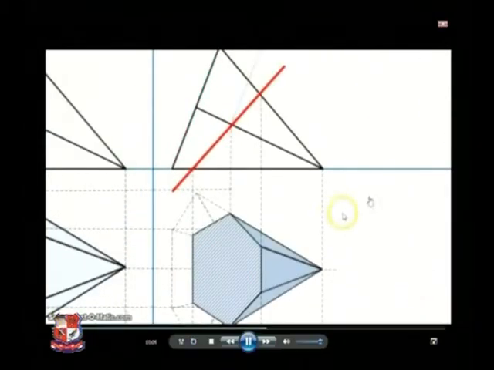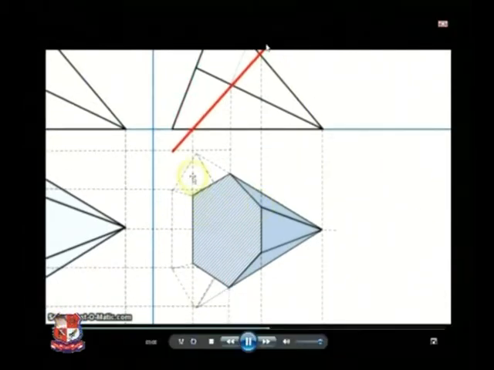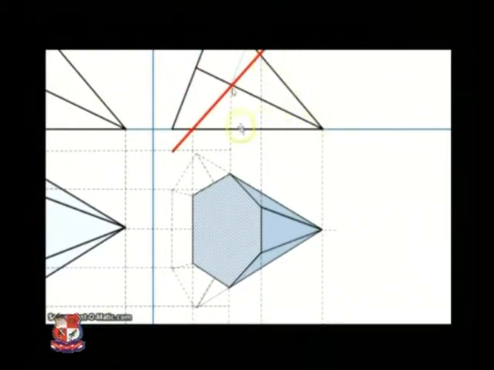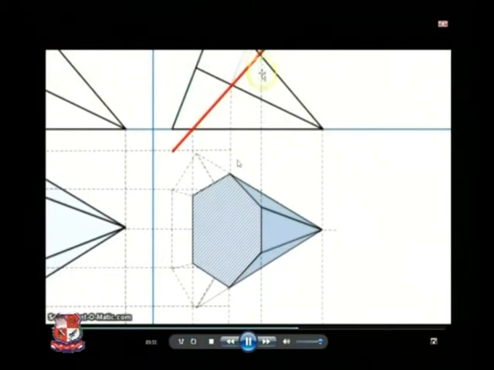Now let me find out the points of intersection. Draw a vertical line from here. The cutting plane intersects this generator at one point here, another point here. From the base line, 2 points are there. Similarly, 2 points are here. So draw a vertical line from here to this; it cuts this generator at one point here, another point here. Similarly, for the other edges, one point is here.